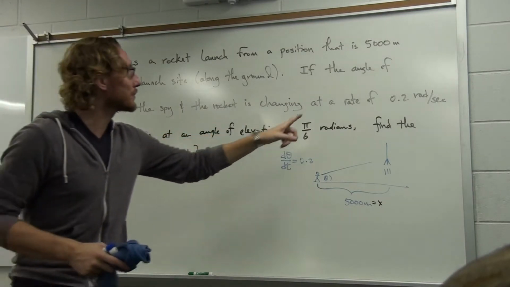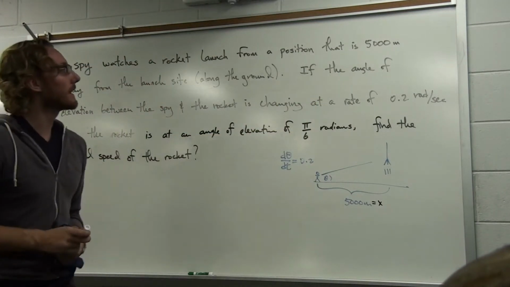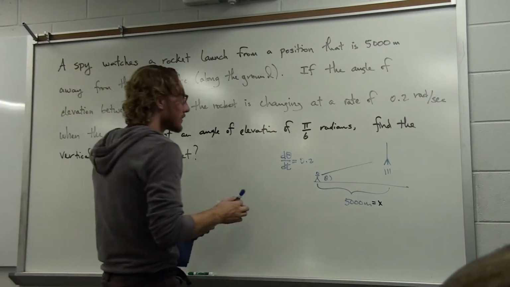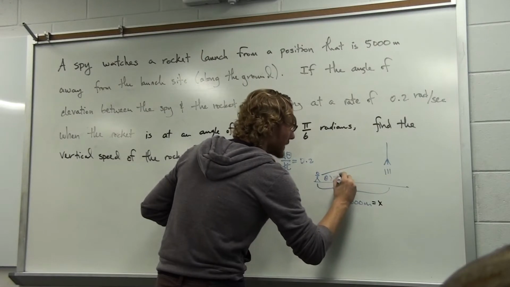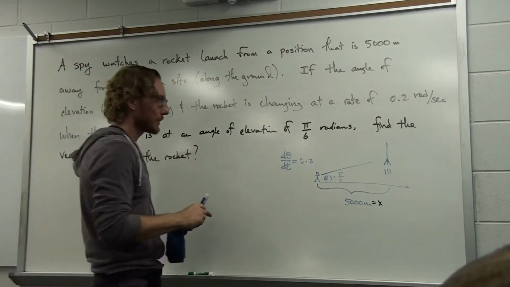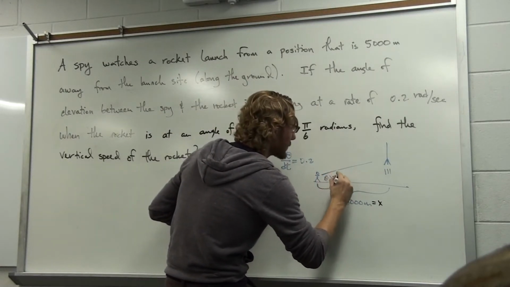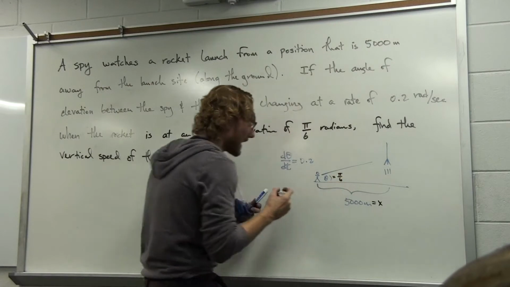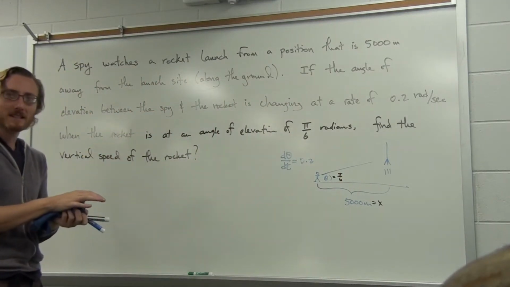That rate of change is occurring precisely when the angle of elevation is pi over 6. So this is going to be at the instant that our angle of interest is pi over 6. Okay, that's going to be helpful to us as well. But the long story short is, because you could imagine the change in the angle could be different at different instances in time, right?